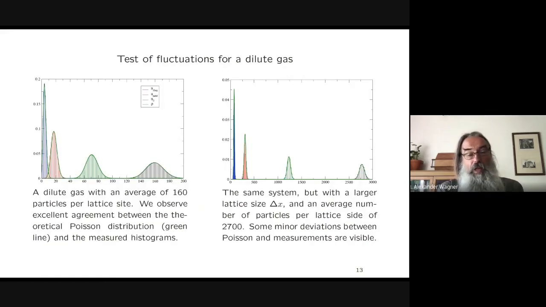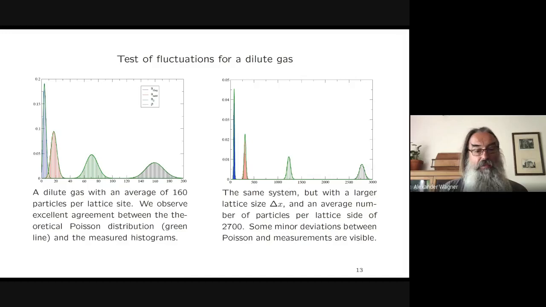And now we can measure what these distributions look like, and this looks very encouraging. So we predicted they would have to be Poisson, so what we now do is we take a dilute gas in an MD simulation, and we can look at different coarse grainings.